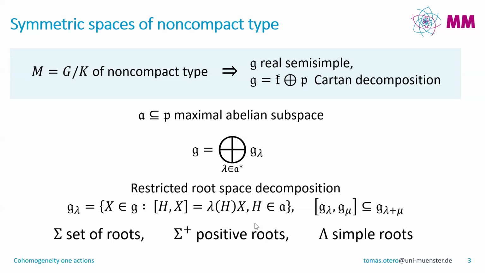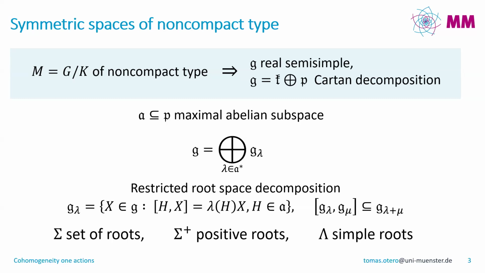And this behaves similarly to the root space decomposition of a complex semi-simple algebra, in the sense that we have these bracket relations here. If G lambda is non-trivial, we say that G lambda is a restricted root space and lambda a restricted root.